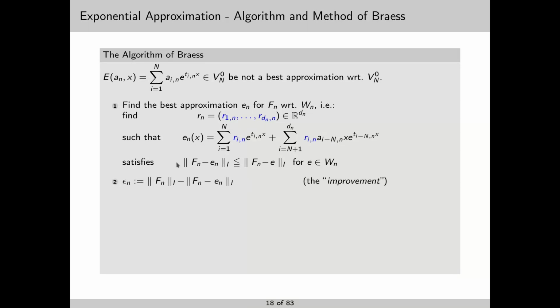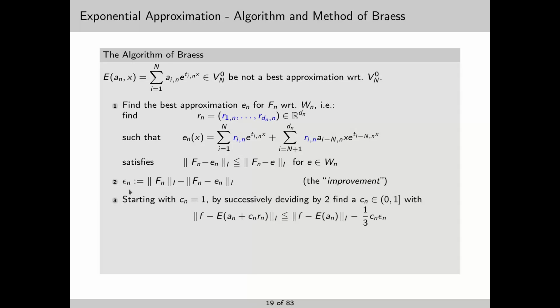With that function E_n, in step 2, calculate epsilon_n, which is called by Braess the improvement. In step 3, by successively dividing by 2, a constant c_n greater than 0 is determined such that this inequality holds. That is, the norm of this error function is less than that of capital F_n.